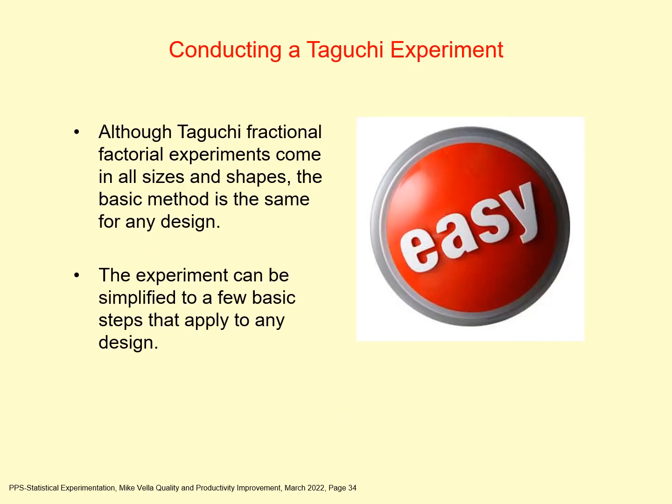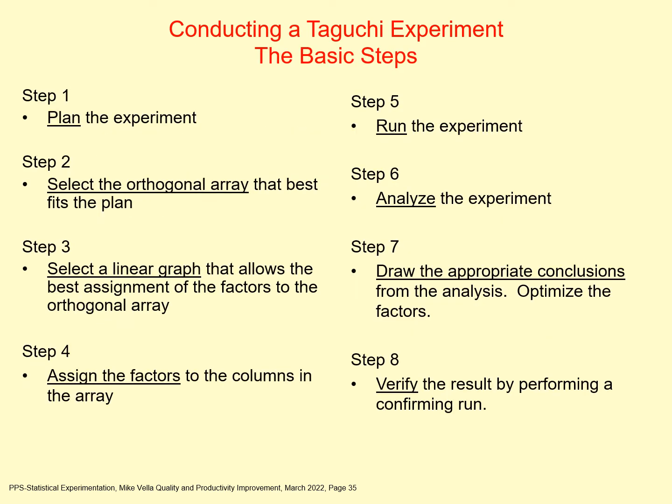So although Taguchi fractional factorial experiments come in all shapes and sizes, the basic method is the same for any design. And the experiment can be simplified to a few basic steps that apply to any of the designs. As we had with hypothesis testing, conducting a Taguchi fractional factorial experiment has 8 basic steps.